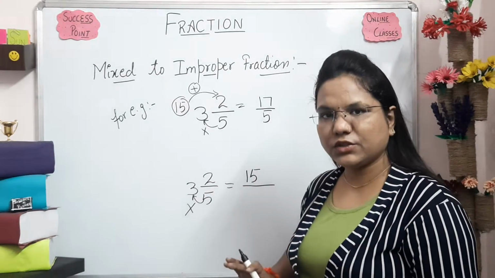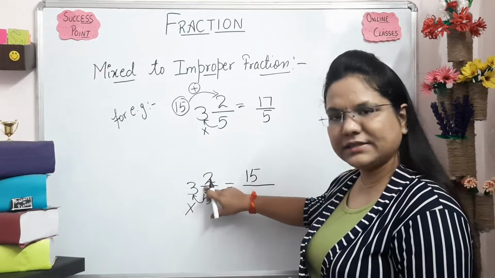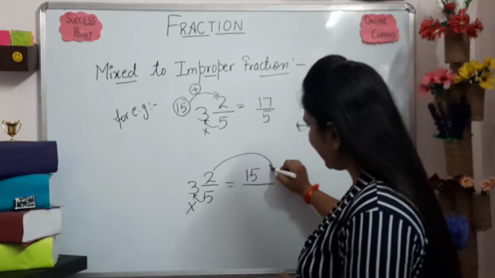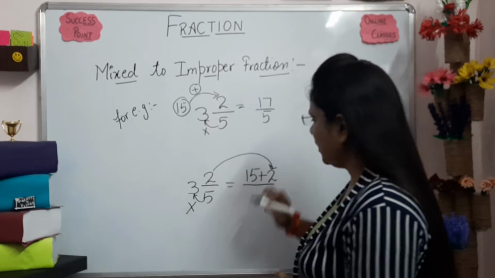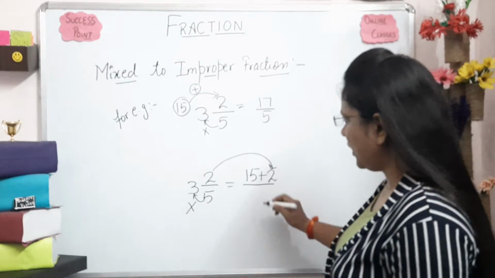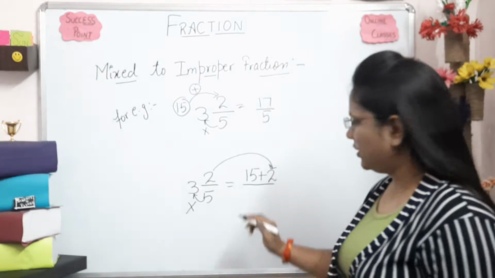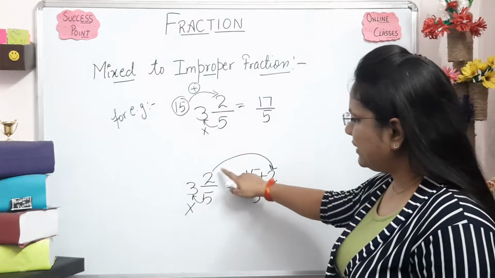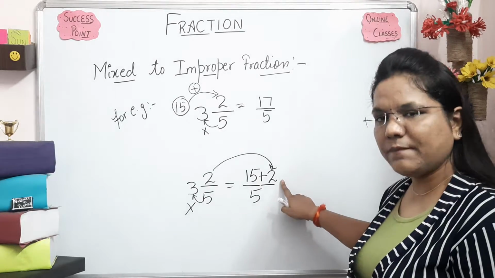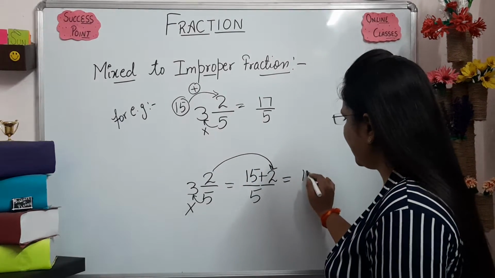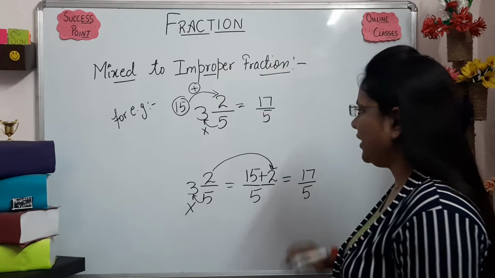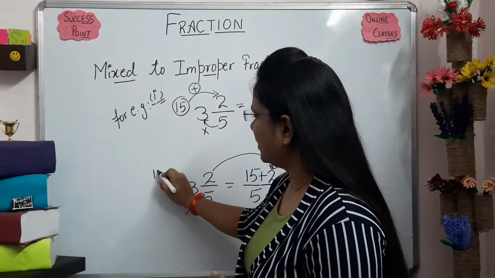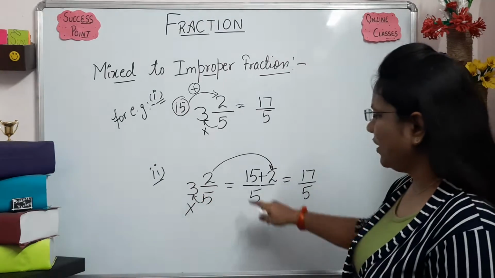The numerator we write as it is, so 15 plus 2, but the denominator is fixed, so we write it as it is. 15 plus 2, we get 17. 17 by 5. So this is the first way to write a mixed fraction as an improper fraction.